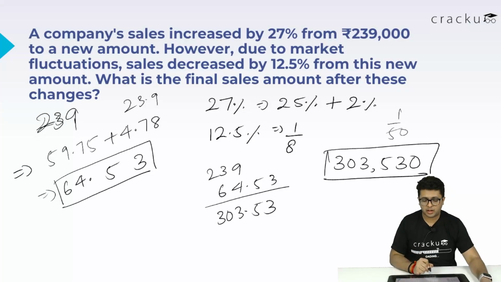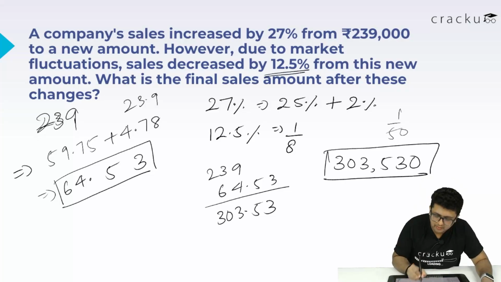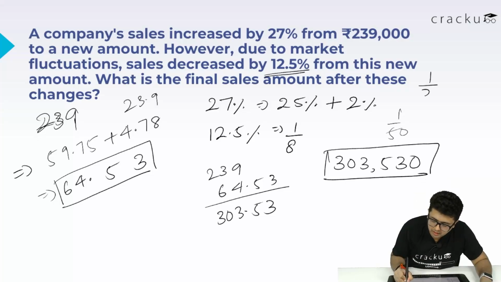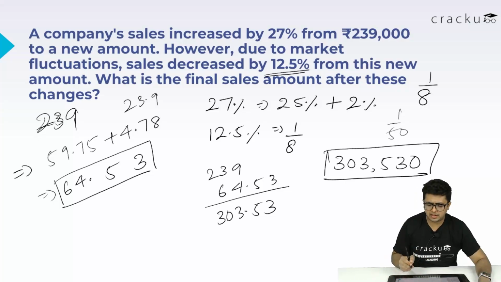And now it is said that it decreases by 12.5%. 12.5%, as we know, is 1 by 8 of the amount. And 1 by 8 of this amount can be done because it's just dividing by 8. As I said, you have to get familiar with division by 8.